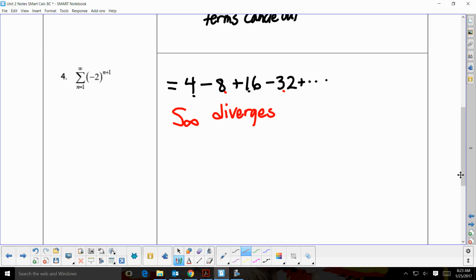Okay, so that's just using the nth partial sums. It's really the nth partial sum as n goes to infinity: you're just writing out the terms and seeing what happens. Okay, so fill in your essential question for that nth partial sum.